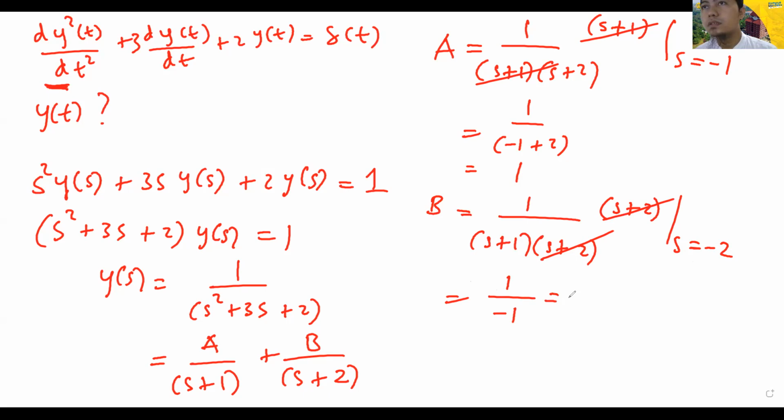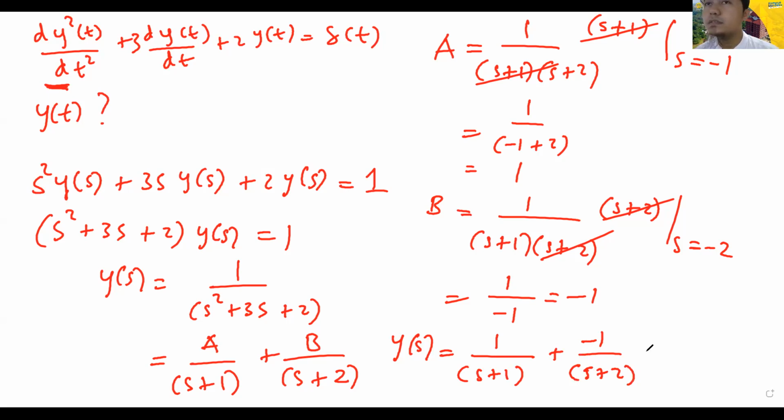So the result is minus 1. So Y(s) becomes 1 over (s plus 1) minus 1 over (s plus 2), right?